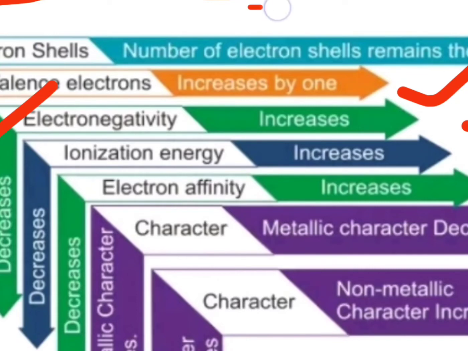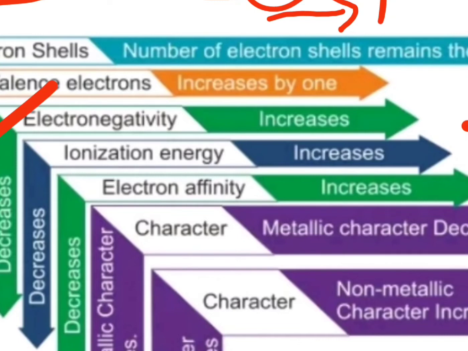As we move from left to right, the number of electrons in the same cell increases, and the nuclear charge increases. Nuclear charge is equal to the atomic number, the positive charge on the nucleus, the center of the atom. With increasing nuclear charge, the size of the atoms contracts.